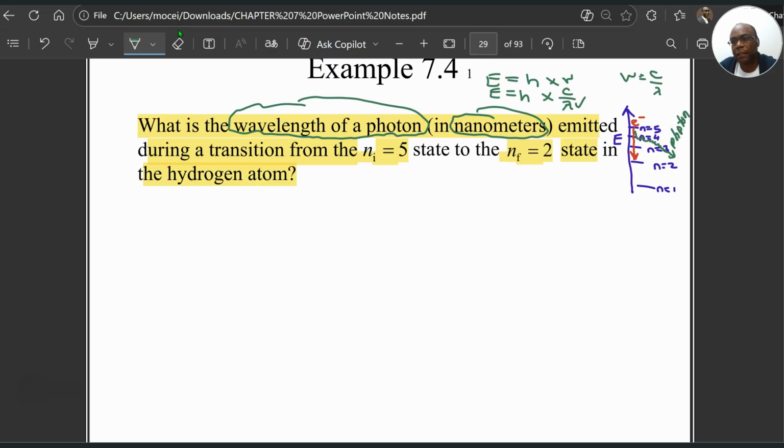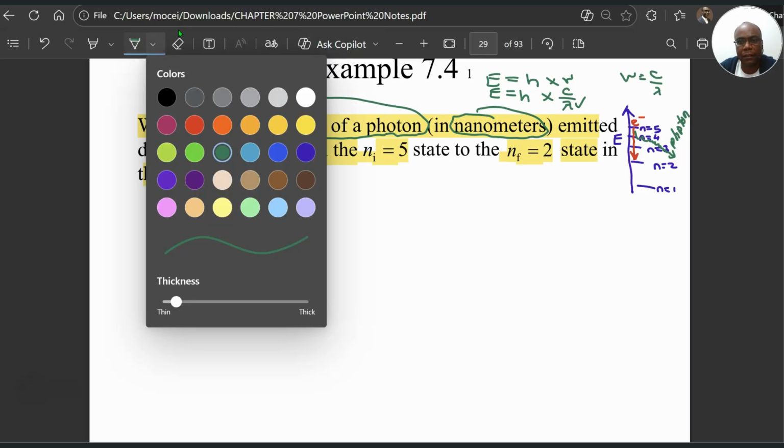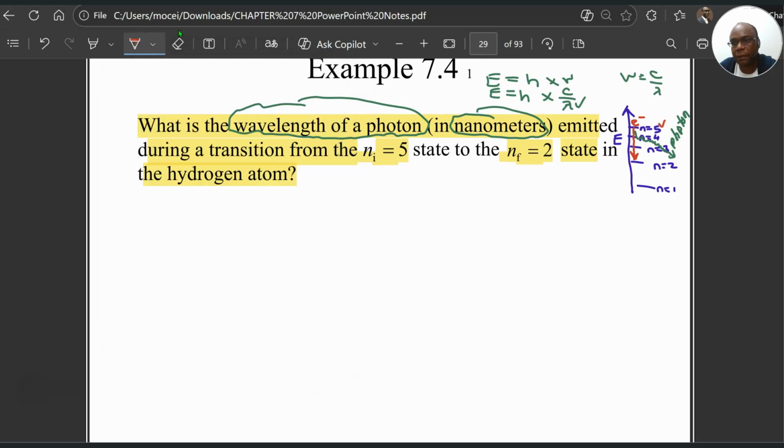If we can find delta E as the electron drops from n equals 5 to n equals 2, there's going to be a change in energy delta E. So I know that delta E equals the Rydberg constant times the inverse of n squared initial energy level minus the inverse of n squared final energy level.